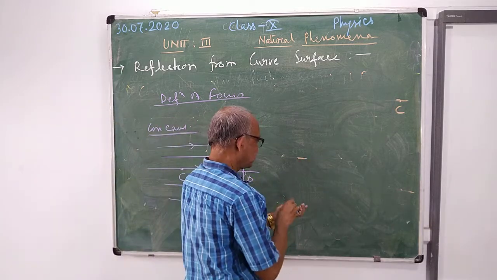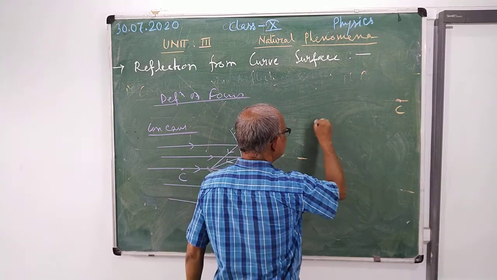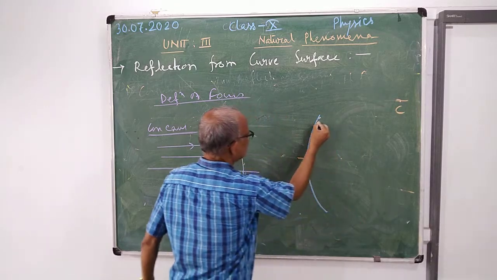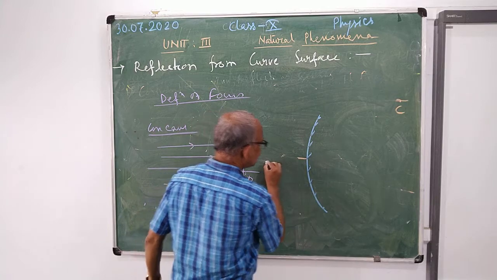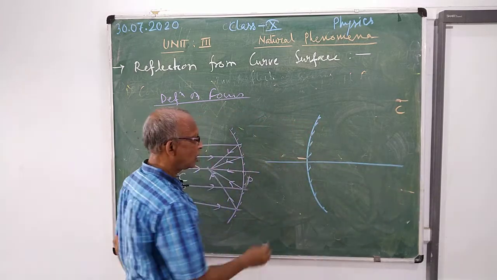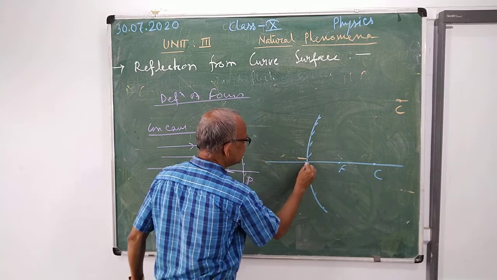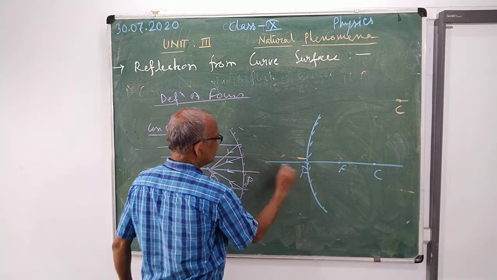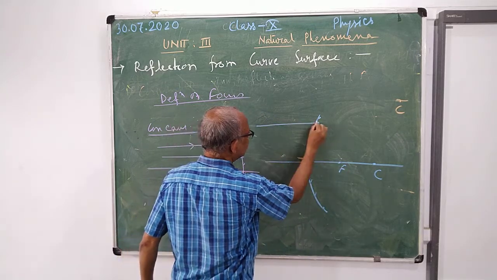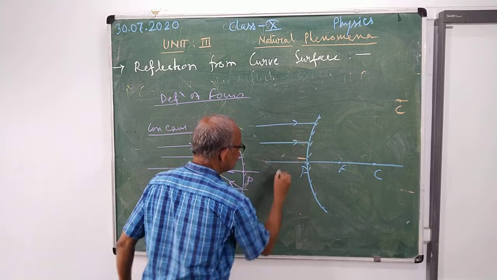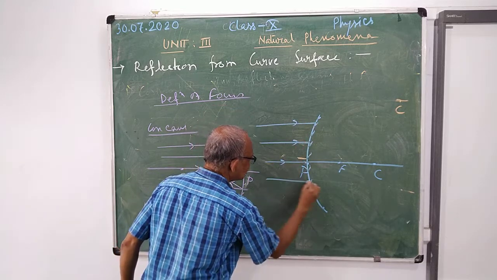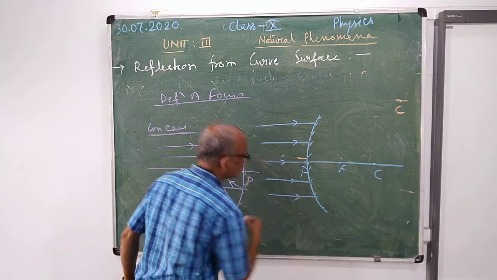In case of convex, how can you draw? For convex, you use a technique. How? Draw C, then midway between C and P is focus. Now draw a parallel beam of rays. Let 1, 2. This is its shape also. You can draw 3 or like this.